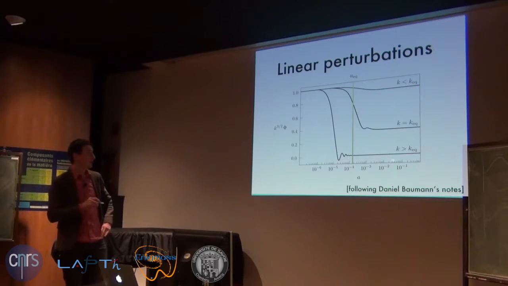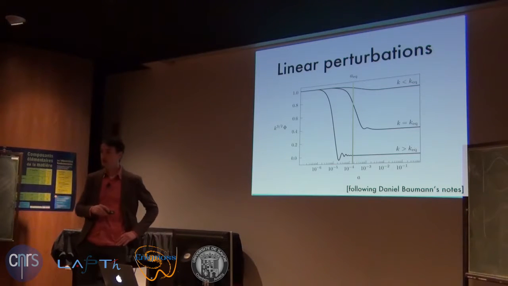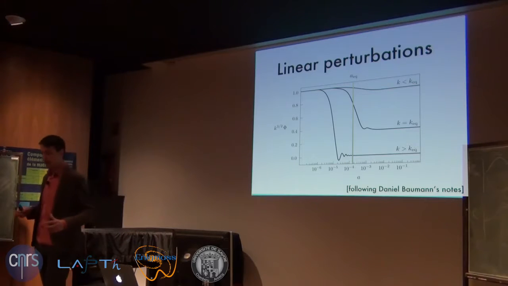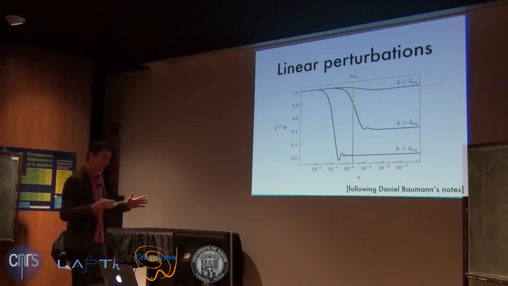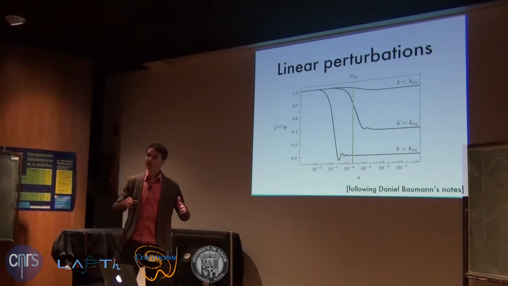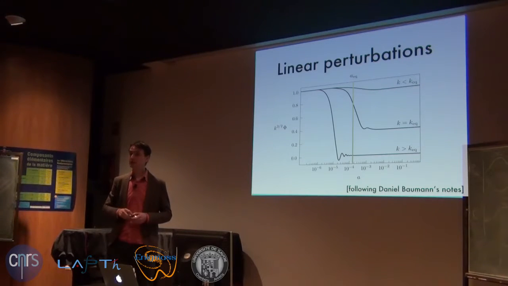Let's first focus on the mode that is plotted here at the bottom. This is for a large wave number, so large that the scale is small, which means that it comes inside the Hubble radius already when radiation is the dominating component of the universe.